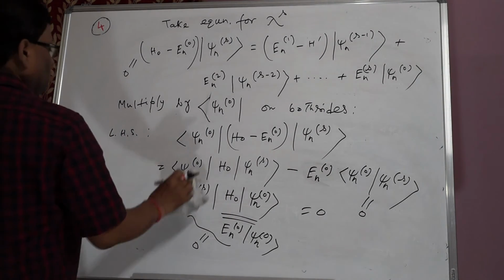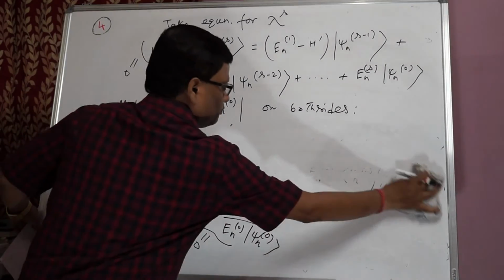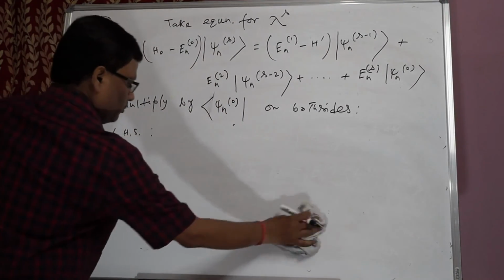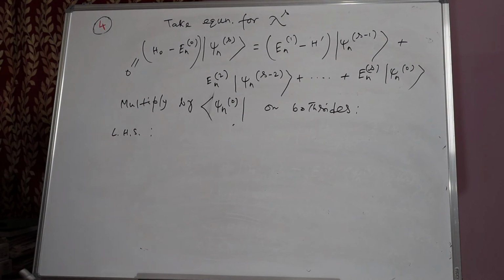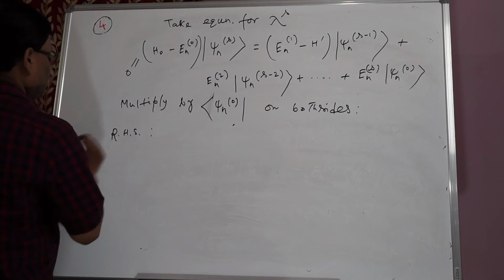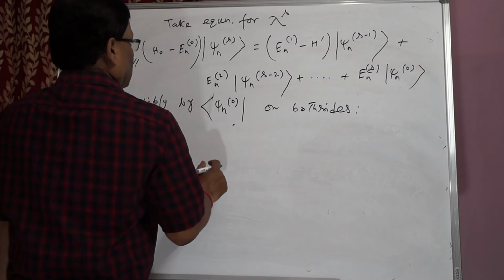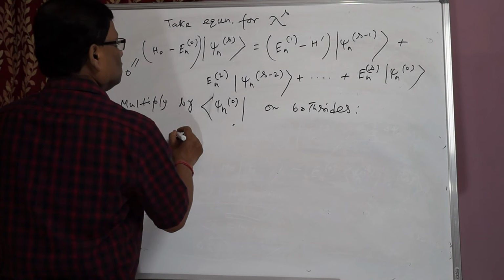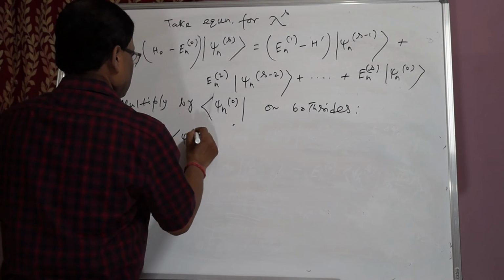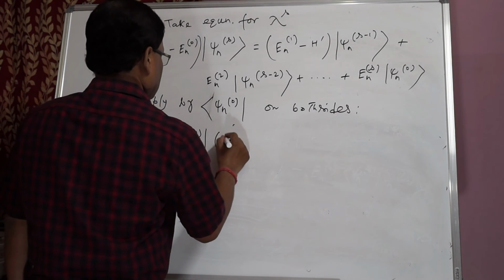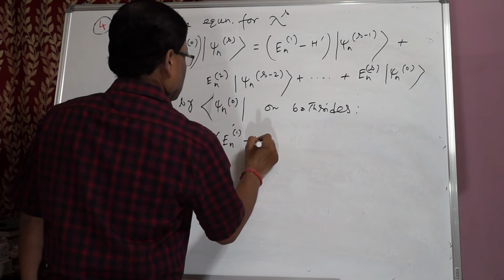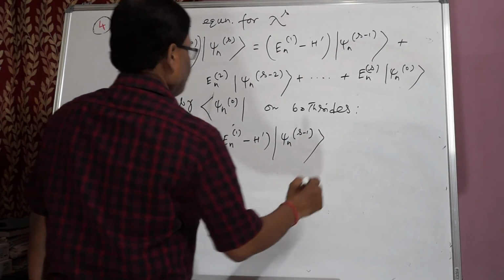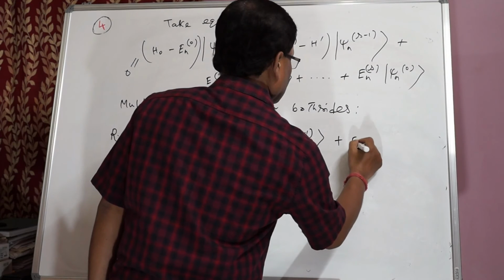Now from the right hand side, what do we get? So from the right hand side, I can write this one plus E n2.